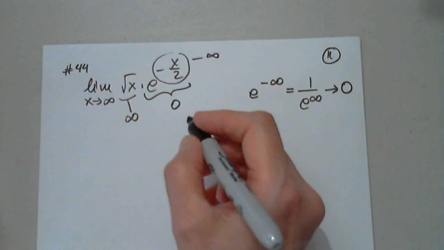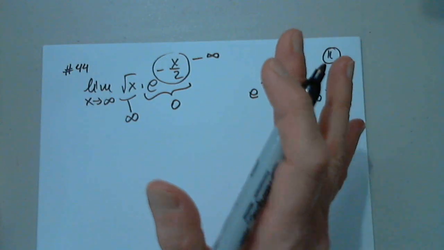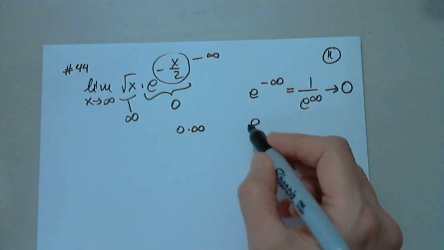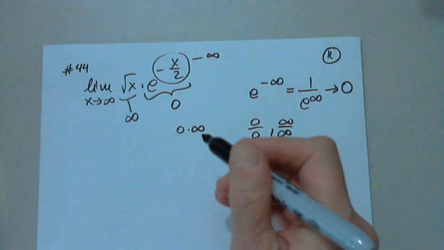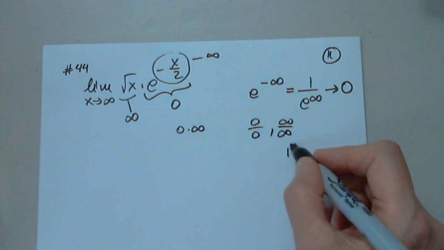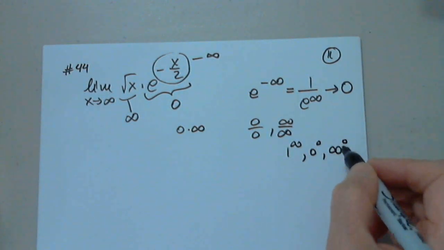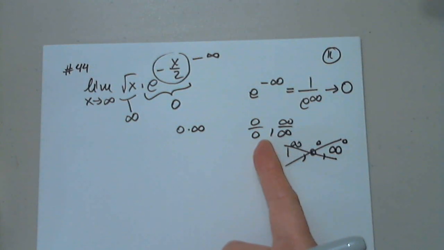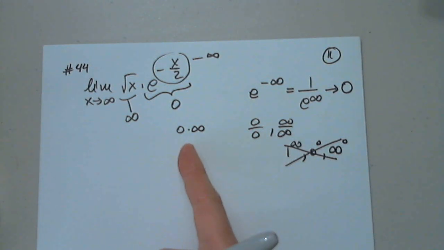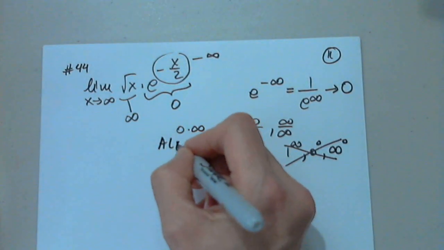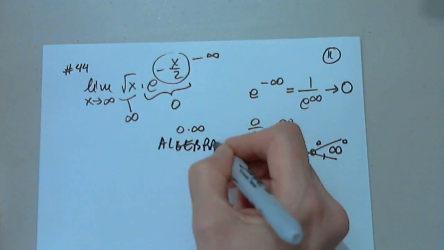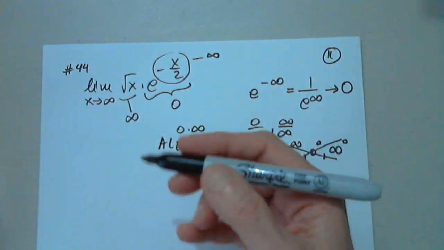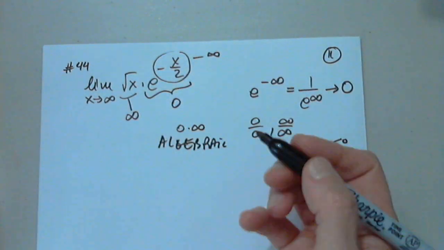It means that we have a situation that we really like, and that situation is 0 times infinity. This is not bad. We prefer this, of course, but this is not as bad as 1 to infinity, 0 to 0, infinity to 0. No, these are the ugliest ones. These are the best, and this is okay. It just needs algebraic rearranging.